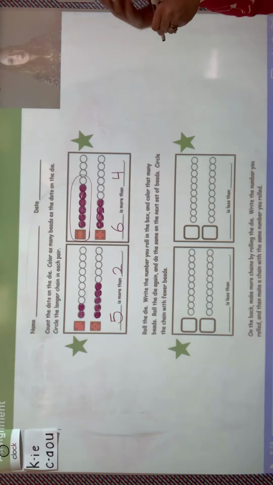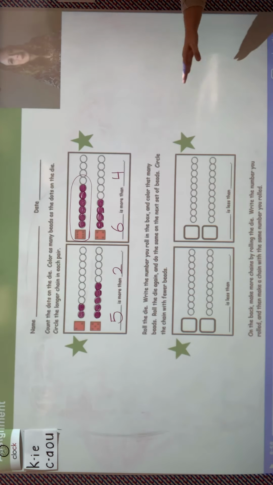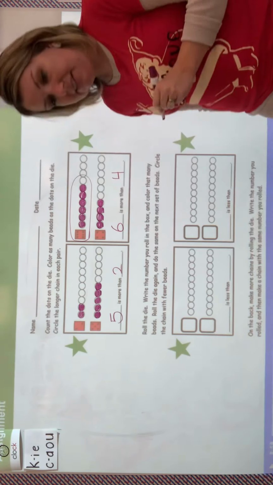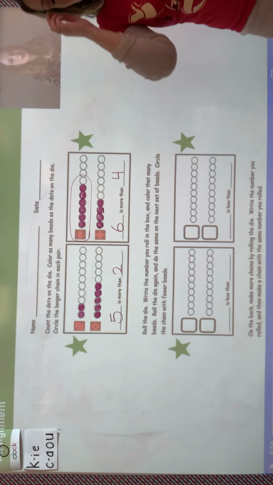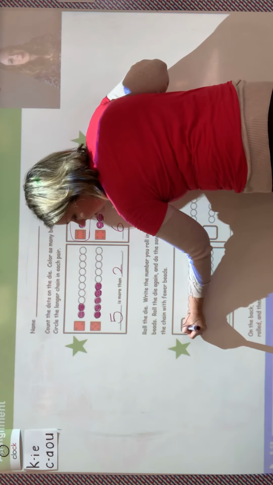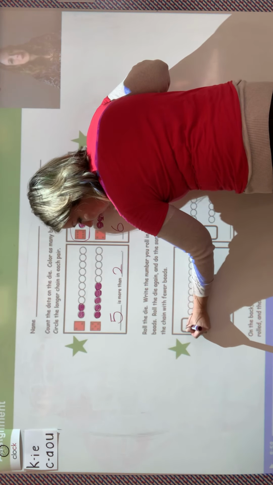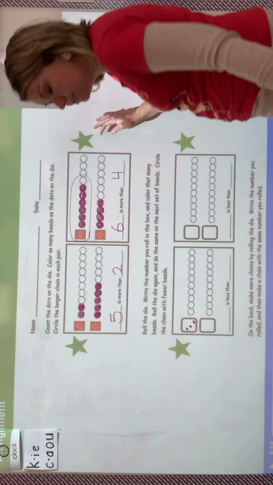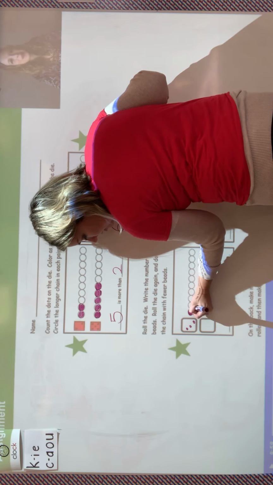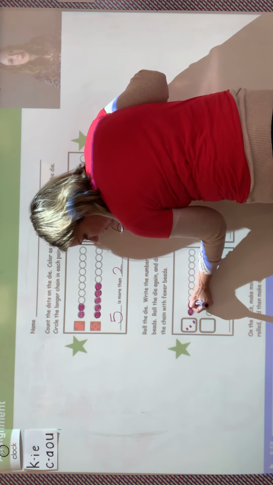Okay, these bottom 2, you're going to get to do all by yourself. You are gonna roll the dice. Then you're gonna draw how many dots are on the dice. So let's say you have 3. You're gonna draw the 3 dots that are on the dice and then color in the 3 beads.